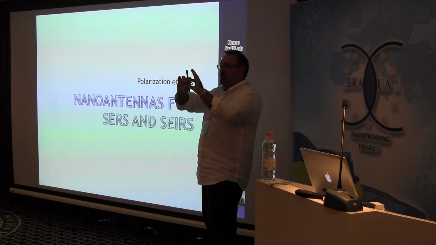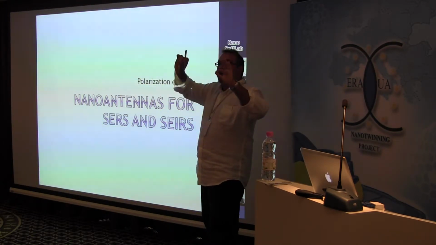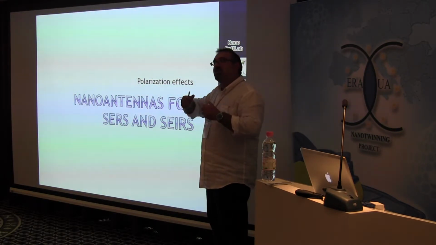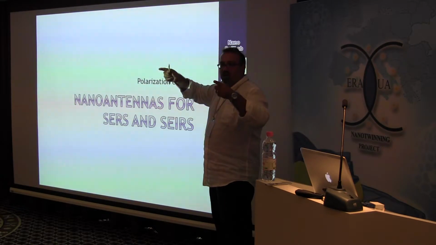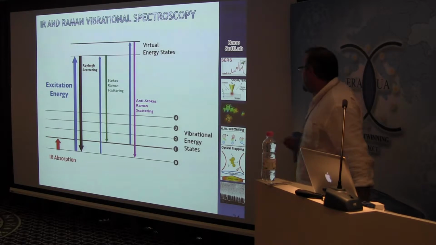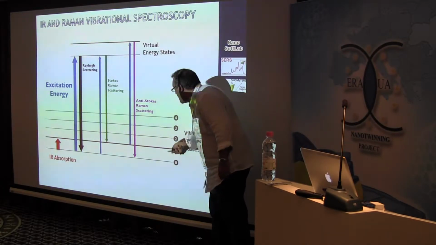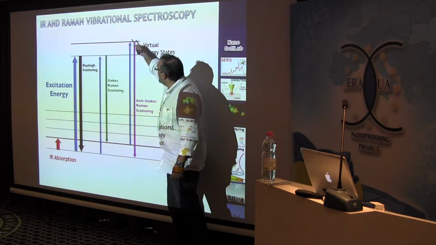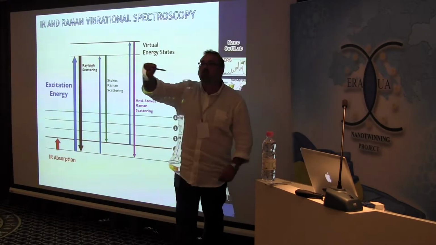Why? Because we can make very thin nanoantennas that are resonant in the visible along the short axis, and resonant in the infrared along the long axis. So we basically amplify this part, exploiting the long axis resonance, and we amplify this part, exploiting the short axis resonance.